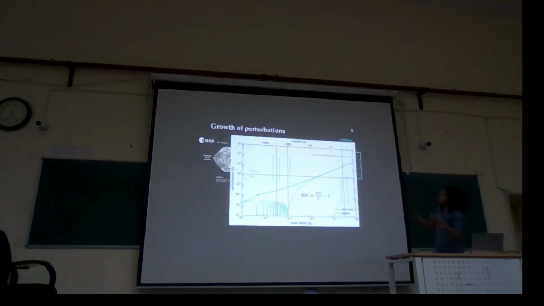So let's take an example perturbation and see how it grows with time. You again have the scale factor, which is a proxy for time, and on the y-axis the perturbation amplitude. Now there are two kinds of matter in the universe. One is dark matter, which only reacts to gravity, and we cannot see it directly.